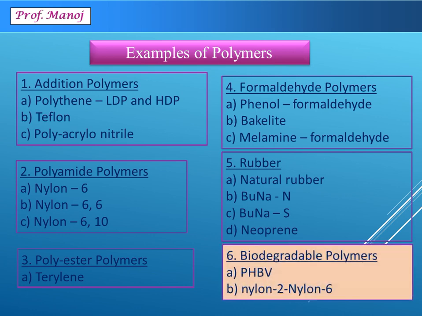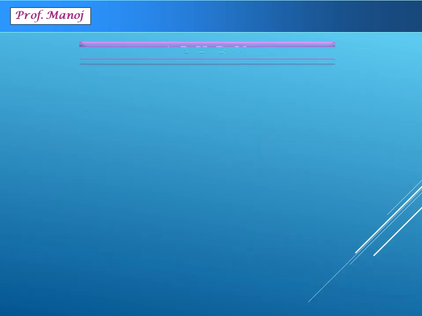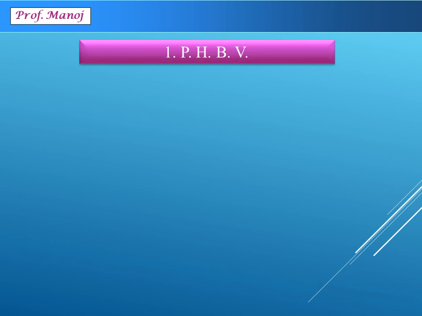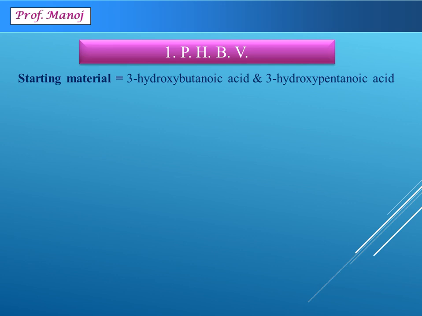We will study three biodegradable polymers here. The first is called PHBV. The starting materials are 3-hydroxybutanoic acid and 3-hydroxypentanoic acid. The name with which we write PHBV is poly beta hydroxybutyrate copolymer with beta hydroxyvalerate.